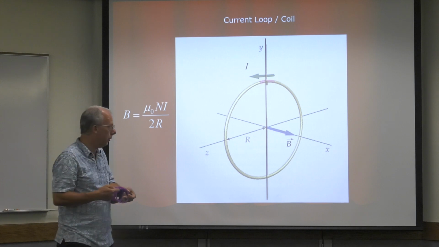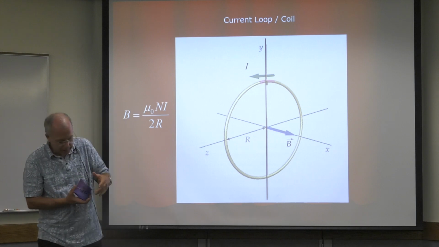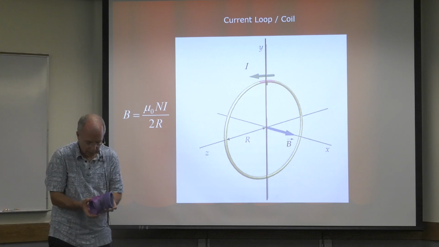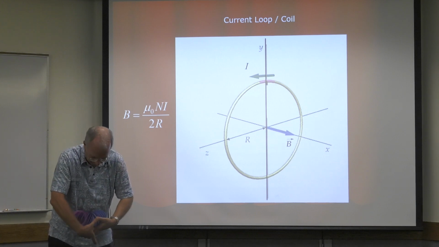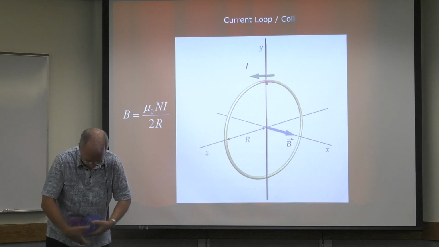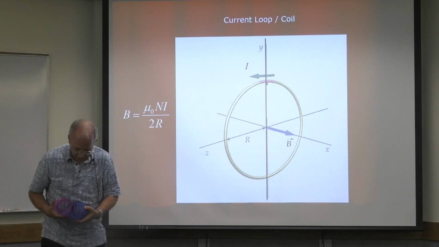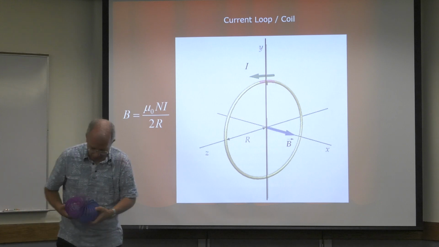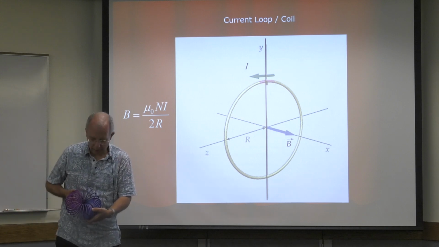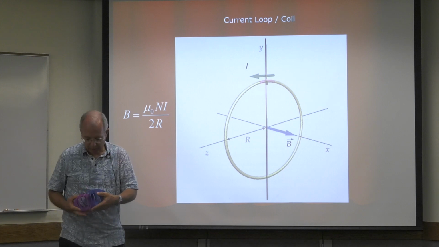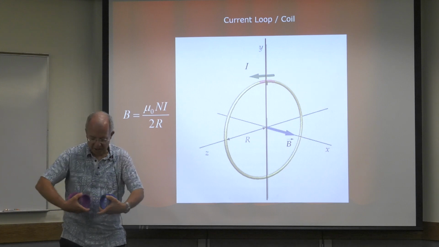Circular, circular, circular, right? But now, let's say we go like this. Not the greatest, but I hope you understand. So that's called a solenoid, right? A solenoid. Just like a slinky and just connect it.